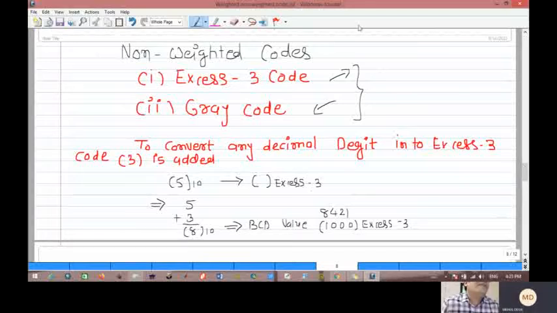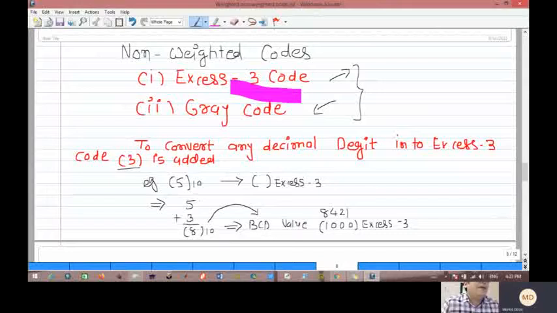So in this video we will discuss excess-3 code and Gray code. First of all, excess-3 code. To convert to excess-3 code, we have to add 3 to each decimal digit. Suppose an example is given, 5 decimal, and we have to convert it into excess-3 code. First we add 3, so 5 plus 3 is 8. Now this 8 we have to convert into a BCD value.